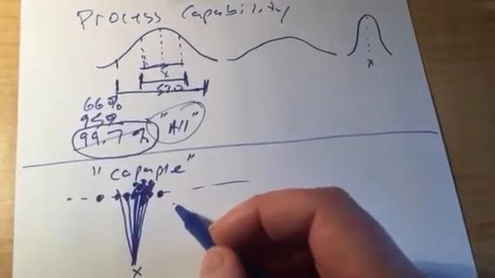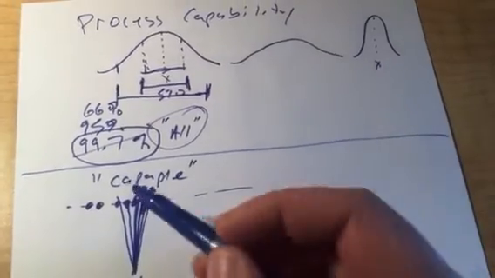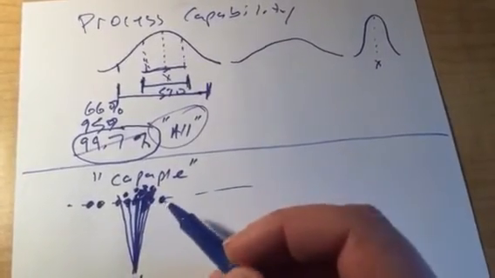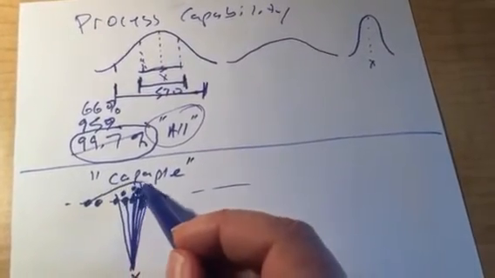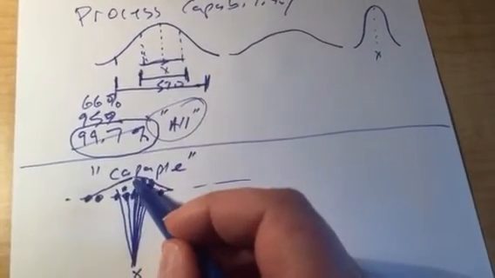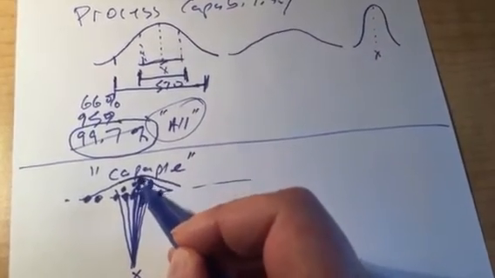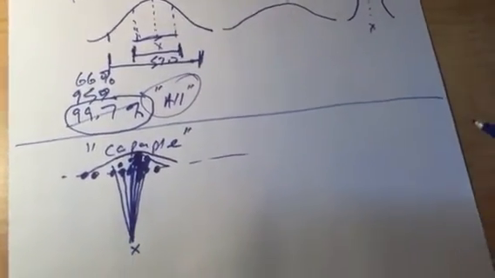Maybe we get another one out here somewhere. So you can see we're starting to get a pattern, and it looks somewhat normally distributed. Actually, the mean's probably a little further over that way. The average football is probably right in here someplace.